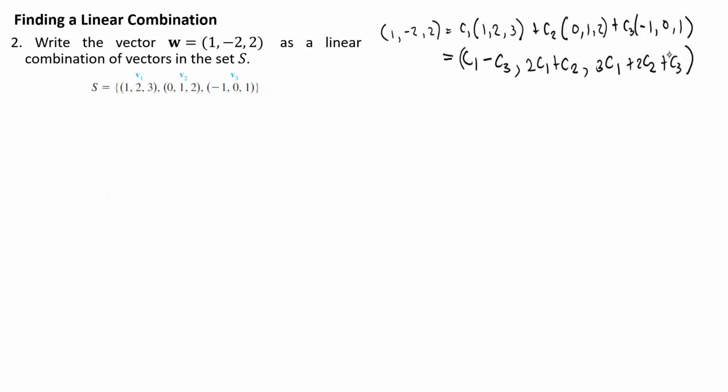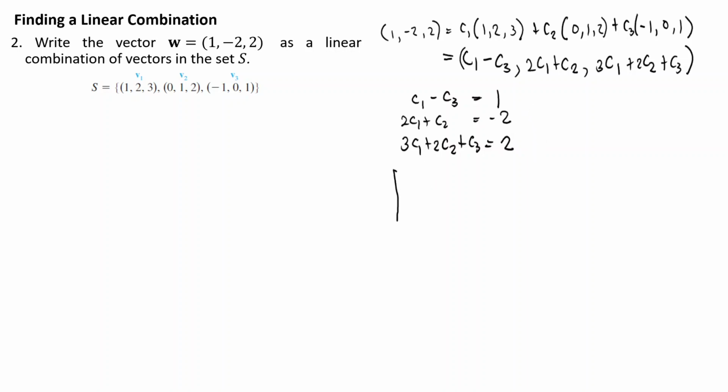Okay, so these components of this vector are equal to 1, negative 2, 2. So therefore, we yield this linear system: 2c sub 1 plus c sub 2 equals negative 2, 3c sub 1 plus 2c sub 2 plus c sub 3 equals 2.